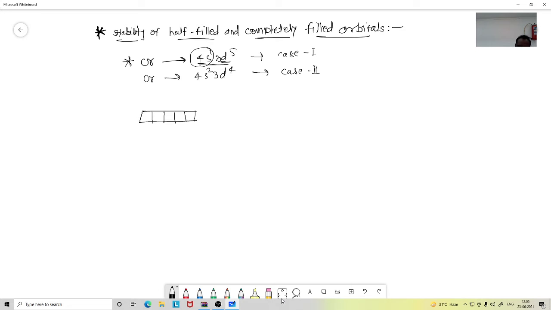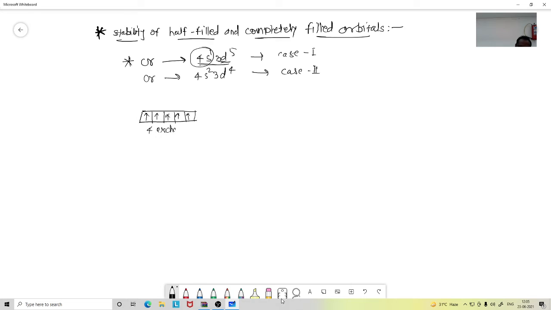Therefore, this 3d is the only degenerate energy level. When you write the 3d5 electronic configuration, 1, 2, 3, 4 and 5, now there are 4 exchanges possible.